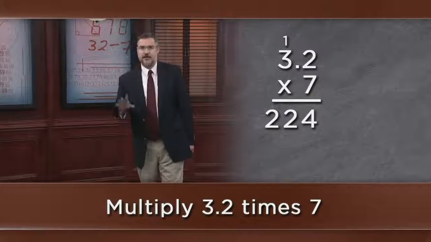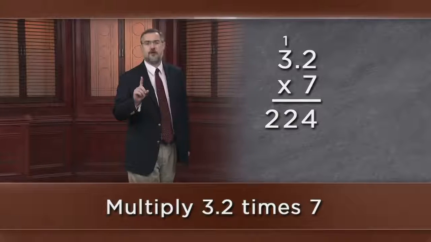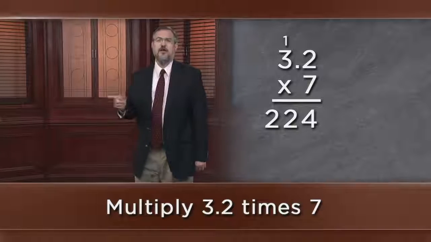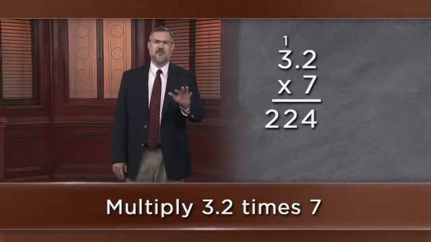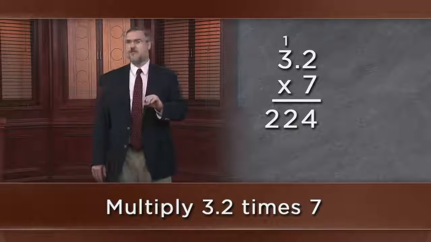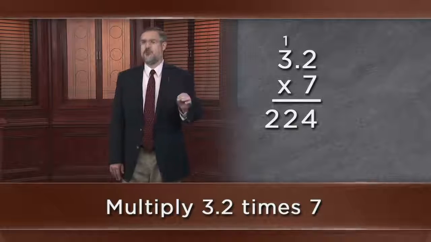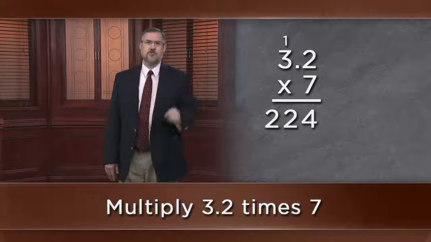Now, with that said, let's pause and think for just a moment. We started the problem by multiplying 3.2 by the number 7. That means our answer should be something around 21, because 3 times 7 is 21. But of course, we multiplied by 3.2, not just 3. So our answer is going to be slightly bigger than 21.